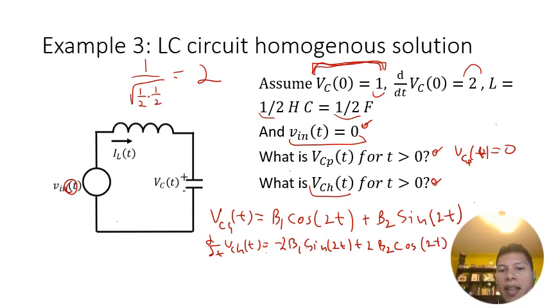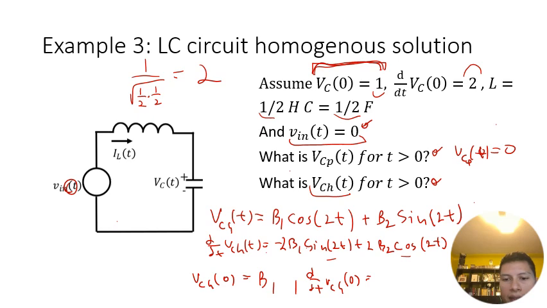When we evaluate at 0, vch of 0 is equal to b1 times 1, because cosine of 0 is 1, and then b2 times 0, so that's 0. Then d dt vch of 0: sine of 0 is 0, so that term is 0, and this term is just 1, so we have 2 b2.